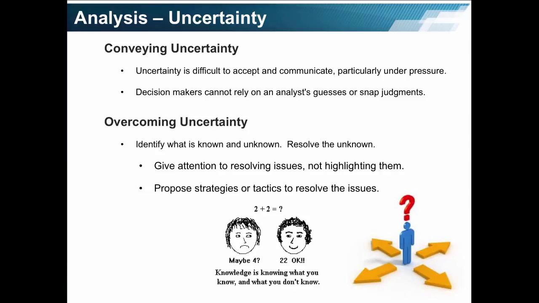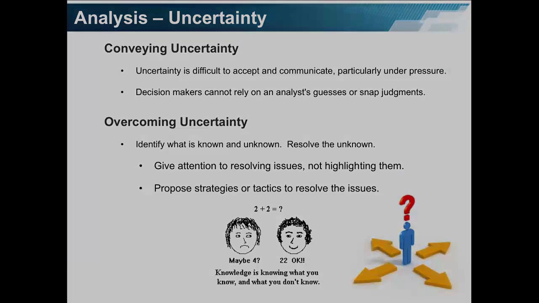Resolving the unknown requires addressing the what-ifs. The analyst must give attention to resolving the issues, not just highlighting them. And the analyst must propose strategies or tactics to resolve those issues. As it says at the bottom, knowledge is knowing what you know and what you do not know.